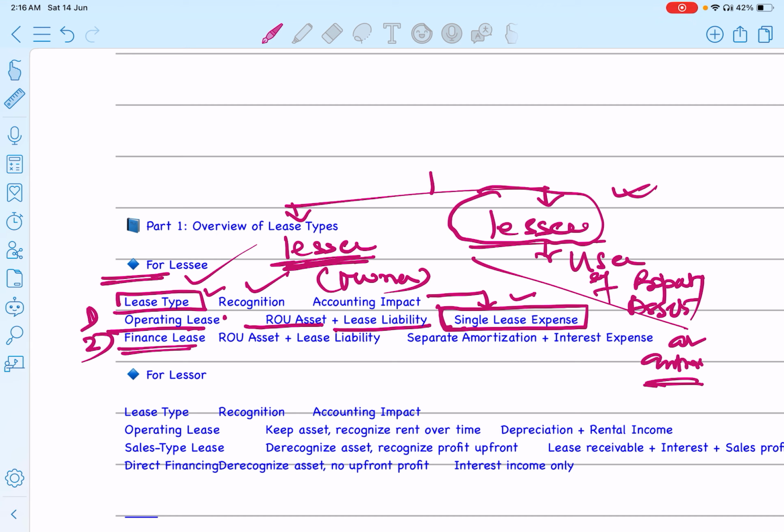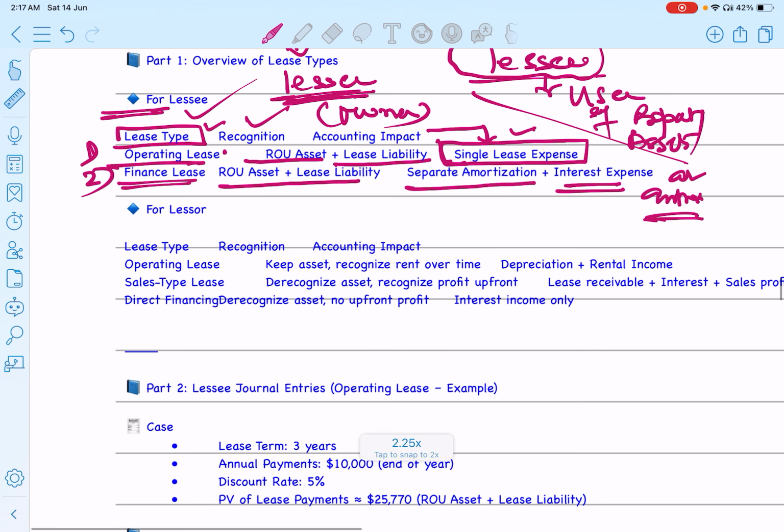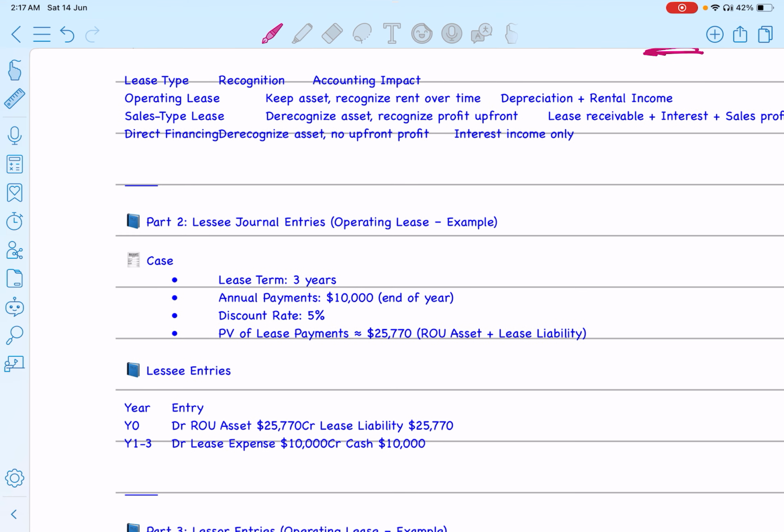Now, in the finance lease, there is the ROU asset plus liability, but there will be a separate amortization plus interest expense. So the accounting will be done in that way. Moving to the lessor, we will discuss it on the second page.